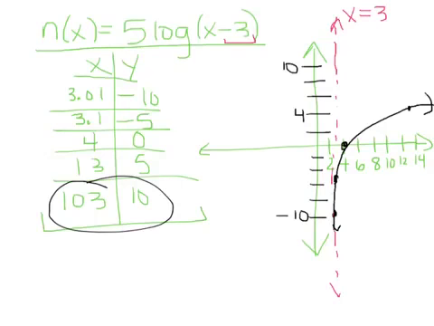If you think about the domain of the function here, since you can't take log of 0 or log of any negative number, this expression here, x minus 3, has to be greater than 0. In order to do that, x has to be greater than 3. So at x equals 3, our function's undefined because that's where our vertical asymptote is.